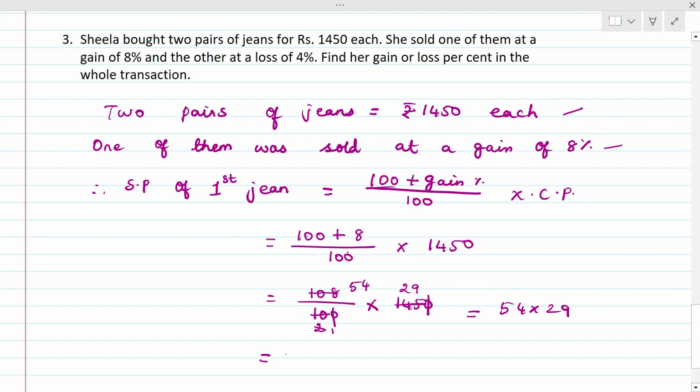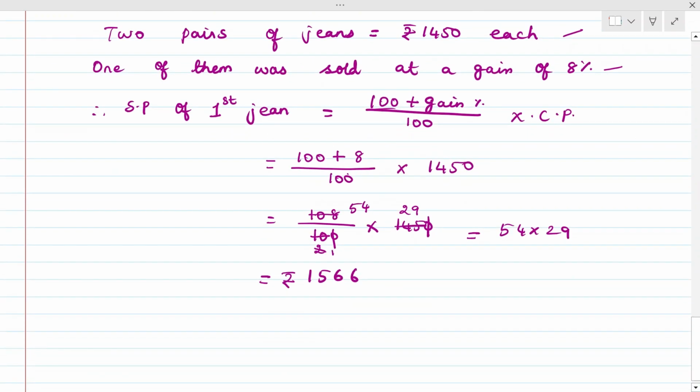So that is equal to 1566. So this is the selling price of first jean. The first jean was bought at rupees 1450 and it was sold at a gain percentage of 8%. So the selling price of first jean is 1566.